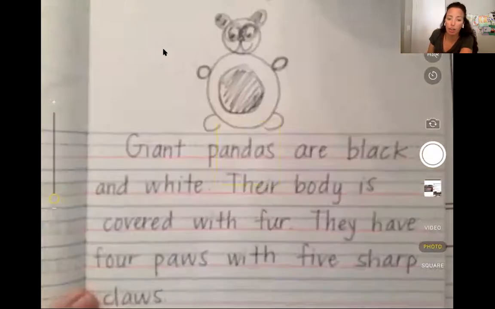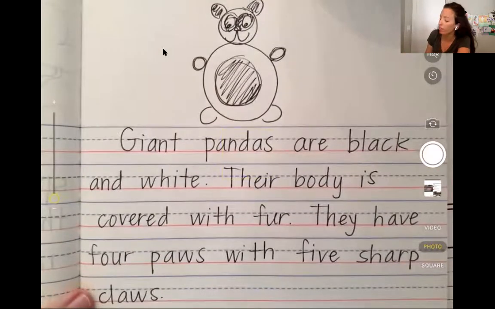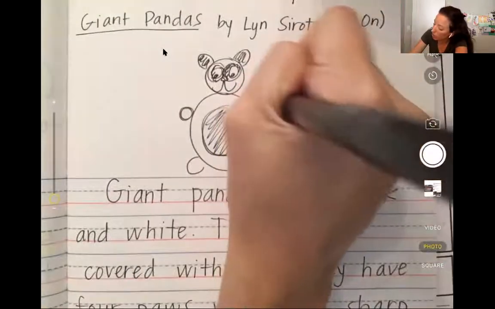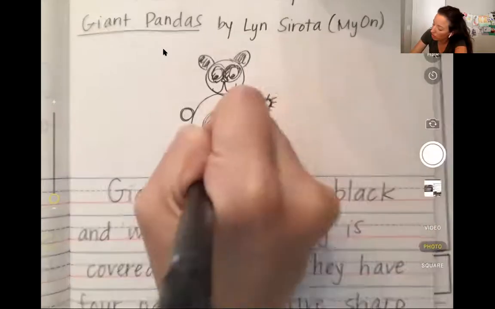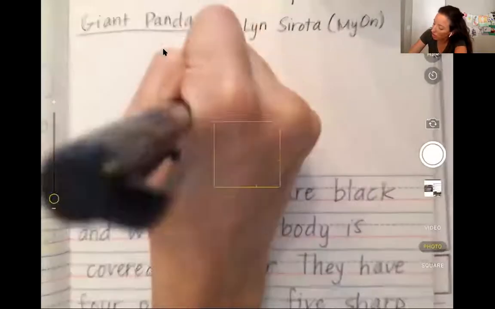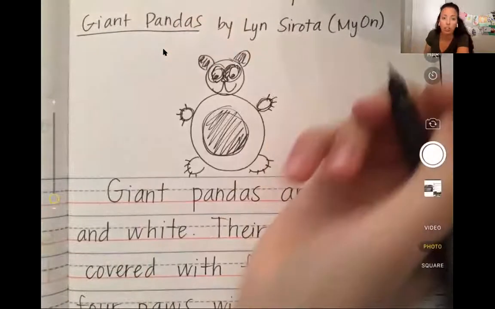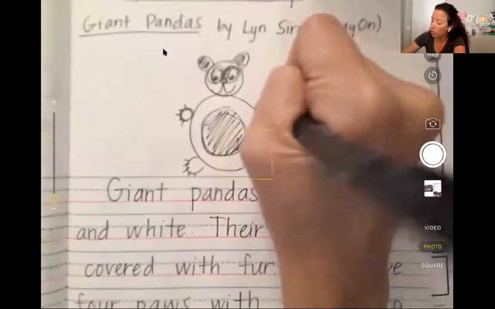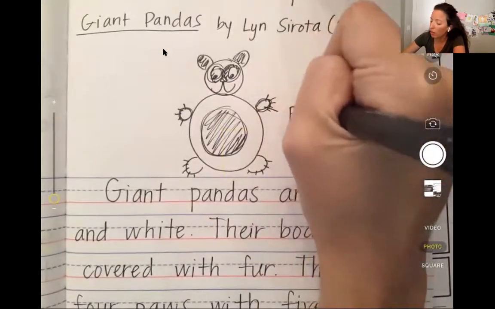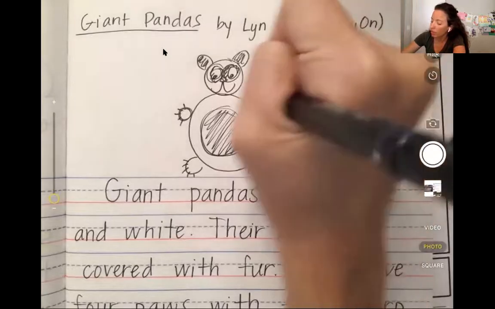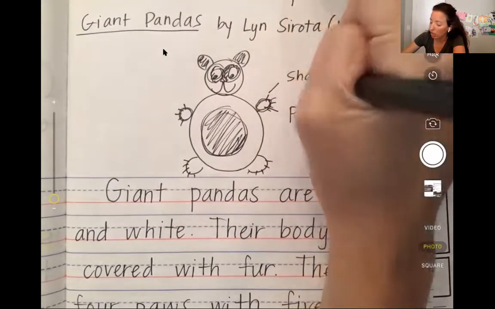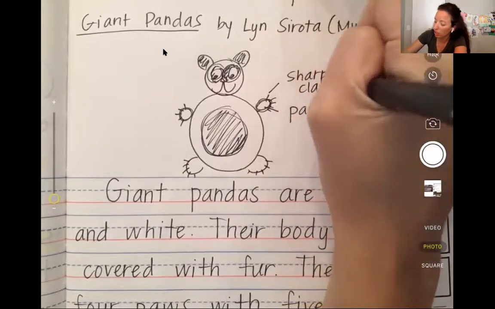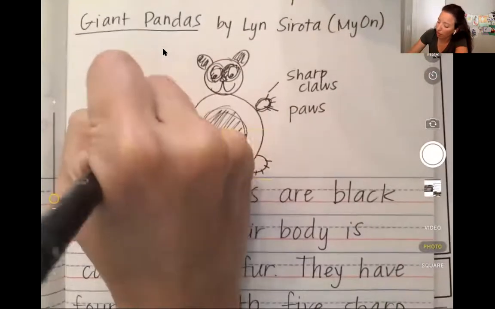And I think I forgot in my picture that I should have labeled those things. So I'm going to go back and put some little sharp claws on here to show what I learned. And I'm going to label paws, sharp claws, and fur.